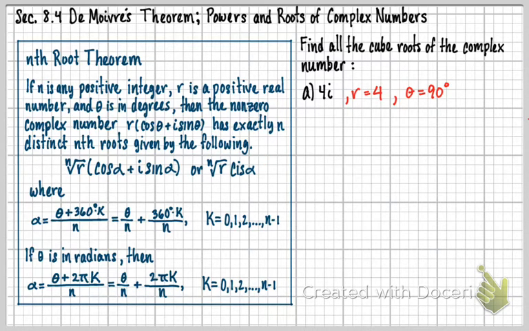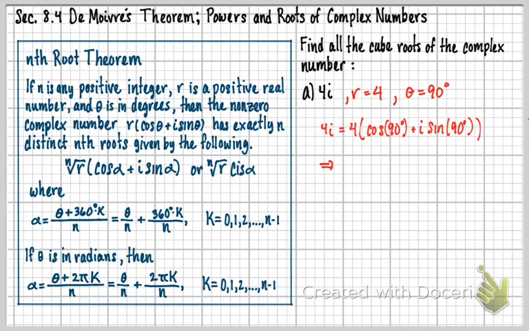So then this results in 4i equaling 4 cosine 90 degrees plus i sine 90 degrees.